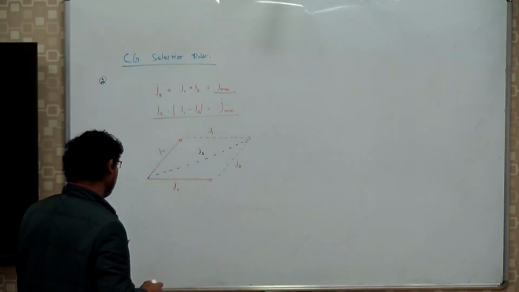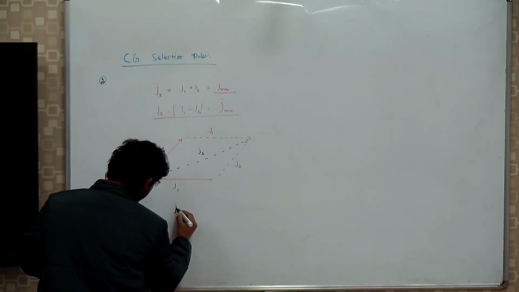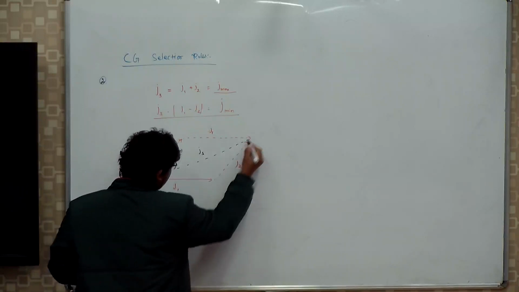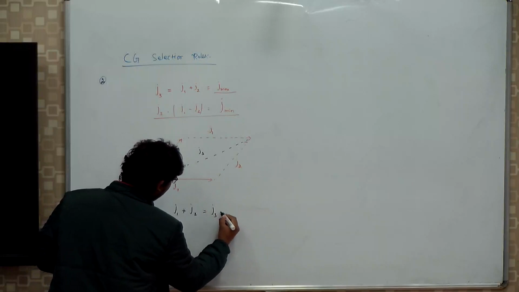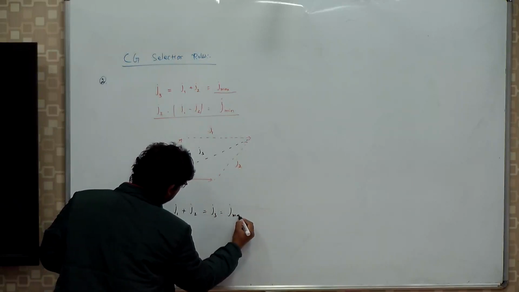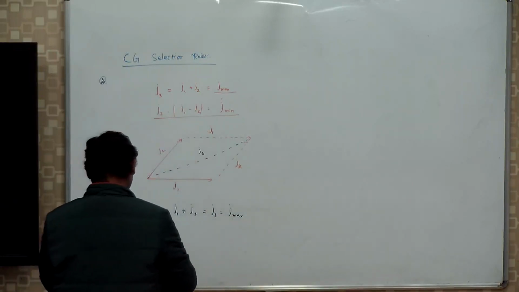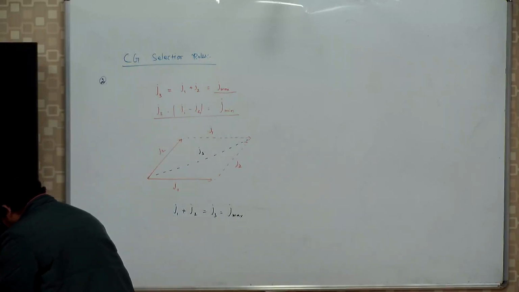So how will we get it? First J1 plus J2 will give J3, that is nothing but J maximum. And now one can also couple it here.